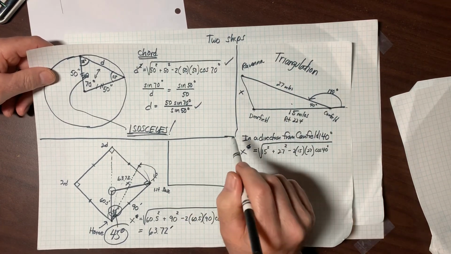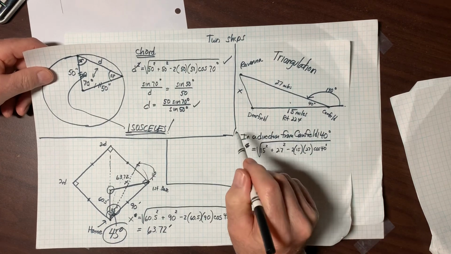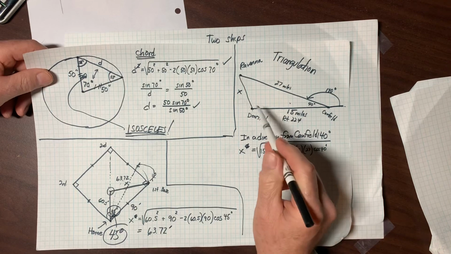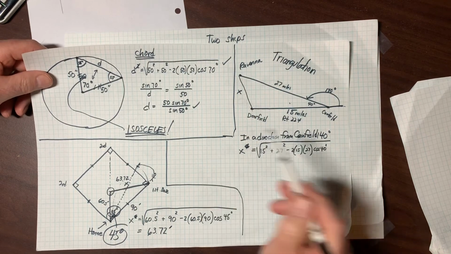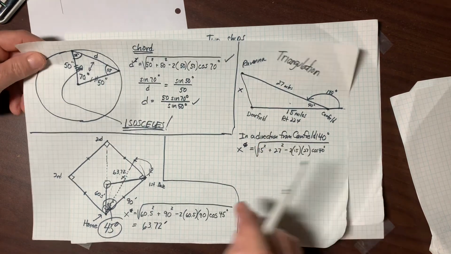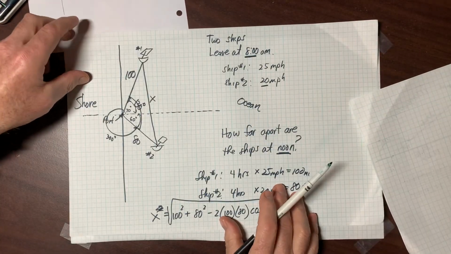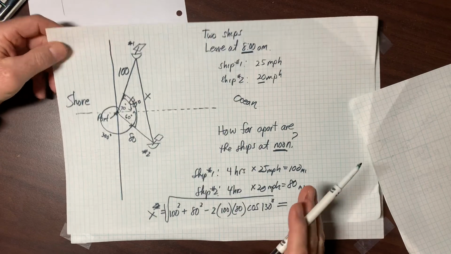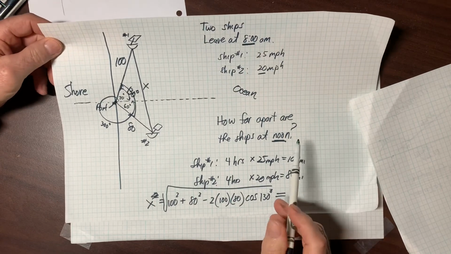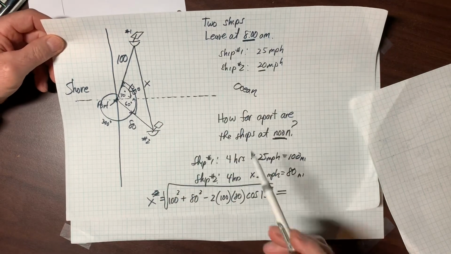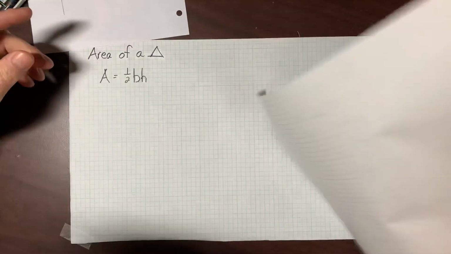We're triangulating, which just means that you're using your geometry and trigonometry knowledge to find the distance between 2 points without actually measuring the distance between 2 points. And then this last problem here was another triangulation problem, just finding the distance between 2 ships without actually measuring it.